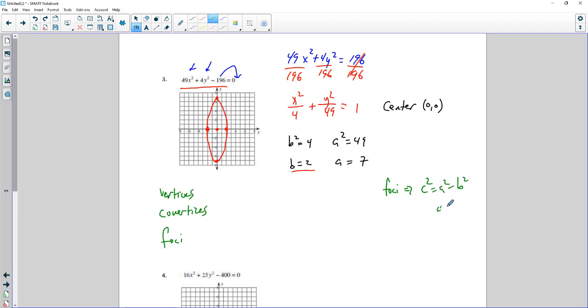As we've done, this is going to be 49 minus 4, and c squared is going to equal 45. We'll just take the square root, so c is going to equal root 45. You could write this as 9 times 5, or you could write this as 3 root 5 if you wanted to. Or you can just leave it as root 45.